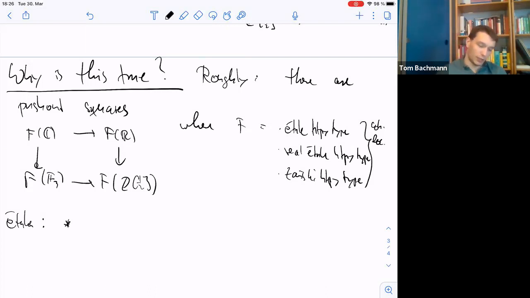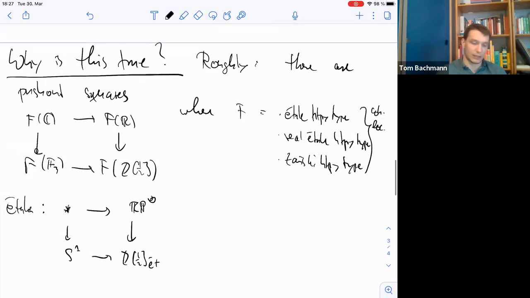And for R, it turns out that you get RP infinity, because the Galois group of R is Z/2, and that's BZ/2. Then F3 is a finite field, so the Galois group is Z hat, and that corresponds to S1. And then whatever you get here, let me write Z[1/2], one can show that this is going to be the wedge sum of these two spaces. I'm not claiming that that is obvious. It's a result, maybe due to Dwyer-Friedlander.